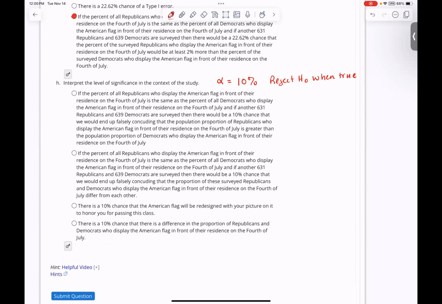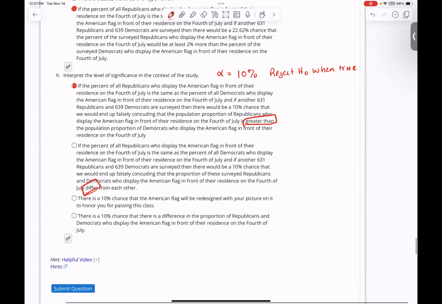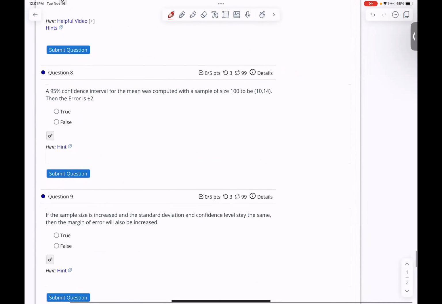If the percent of Republicans, do you believe it's this one? So not this one because it's got the word differ in it. So it's going to be this one because it's greater. That's what we tested.